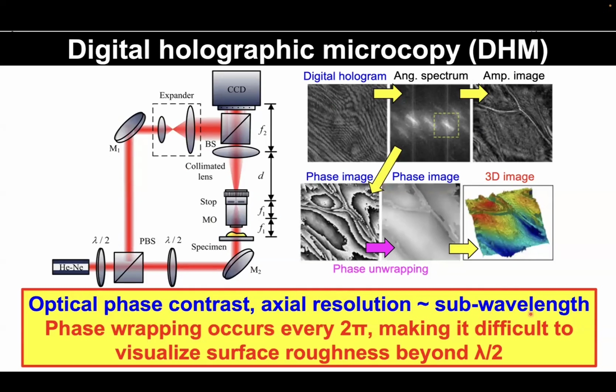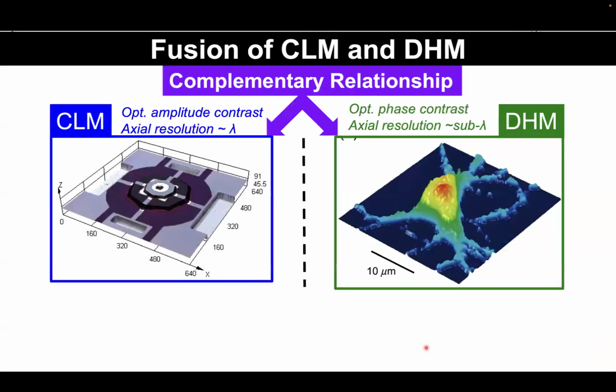However, in such phase microscopy, phase wrapping always occurs every 2 pi, making it difficult to visualize the surface roughness beyond the half wavelength, and making it difficult to visualize a thick specimen. So CLM gives the optical amplitude contrast with axial resolution of wavelengths, whereas the DHM gives phase contrast with axial resolution of sub-wavelengths.